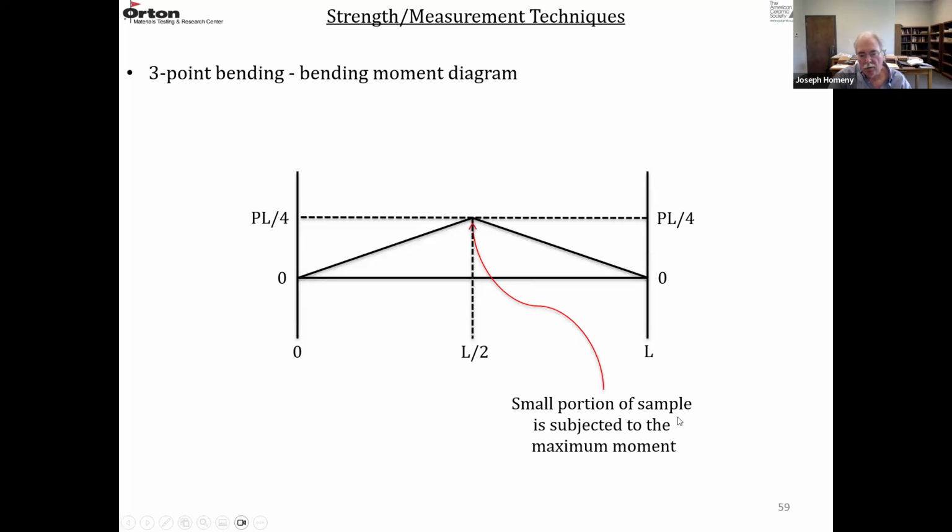So only a small portion of the sample is subjected to the maximum bending moment. So you have some type of flaw size distribution in here where the flaw size is variable. So it's only sampling a small portion of the sample. And if your most critical flaw size is right at the center point, that's where failure may take place. If it's over here somewhere, failure may take place off center.